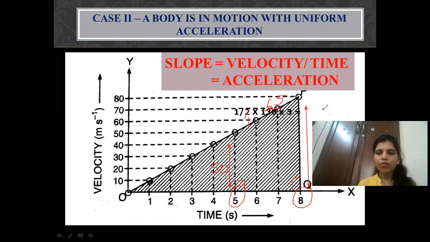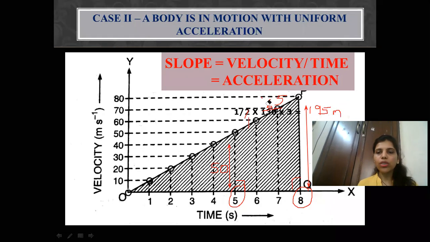So 3 5s are 15, 1 carry over, 3 6s are 18, plus 1 is 19. So 195, and the unit will be meter. That is the displacement. So I hope children till here it's clear, like how you are going to calculate the displacement. Whichever figure is formed, with the help of that you are going to calculate the displacement.